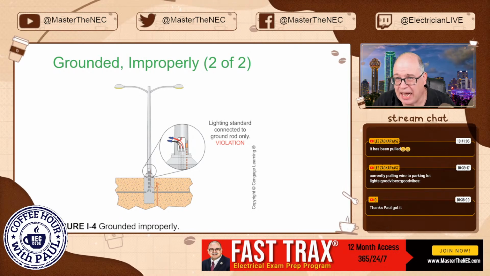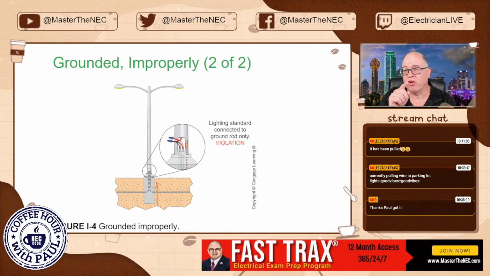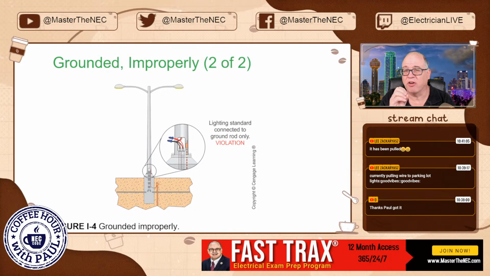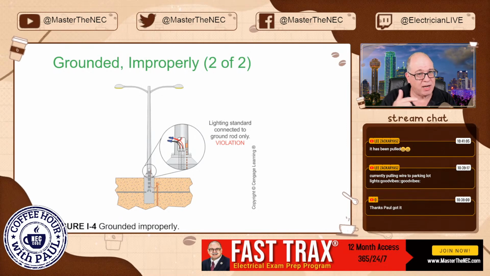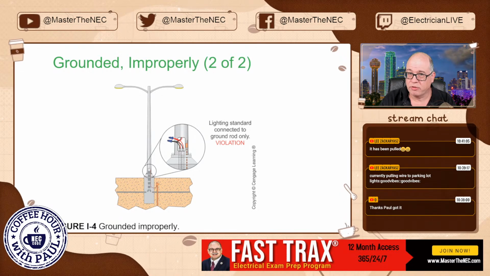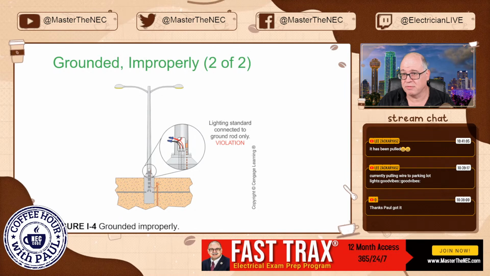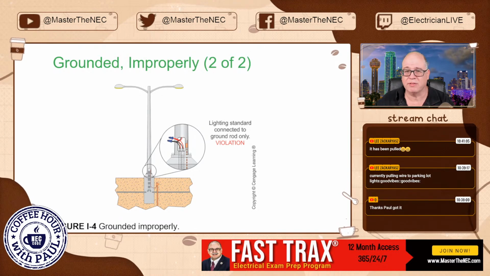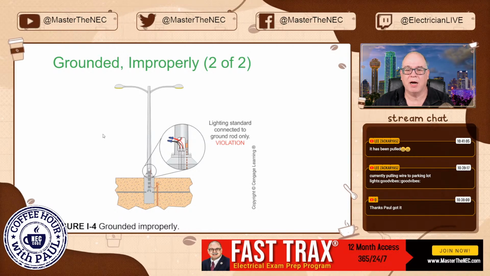It will not clear an overcurrent protective device. We'll look at that later and I'll show you why. Because again, there's not going to be enough current that can travel through the earth, back up through the grounding electrode, up into the panel to actually clear this device. It's just not going to happen. It's impossible to take place. We're going to look at that in a few minutes, hopefully. All right, so there you go.